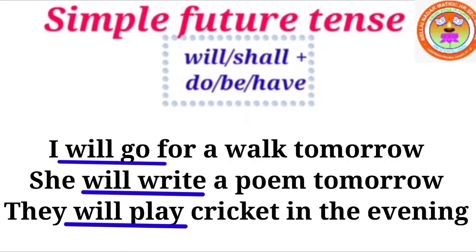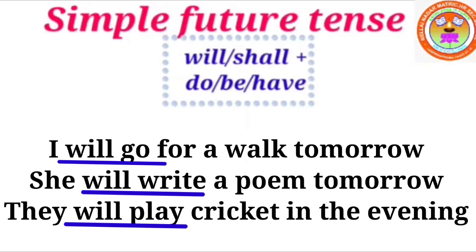The first example is, I will go for a walk tomorrow. So tomorrow denotes the action hasn't taken place yet. So future. For simple, we have used only one form of the verb, called do. Will go is a simple future. And the second example is, she will write a poem tomorrow.